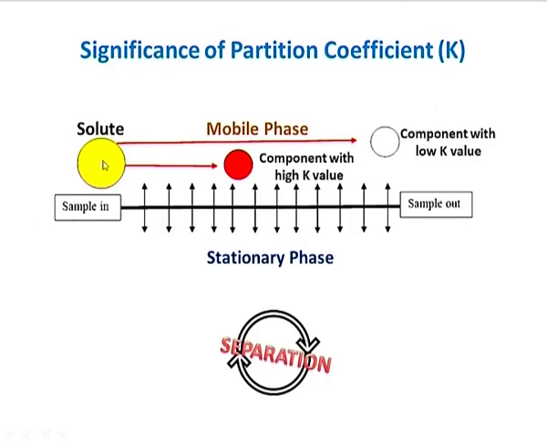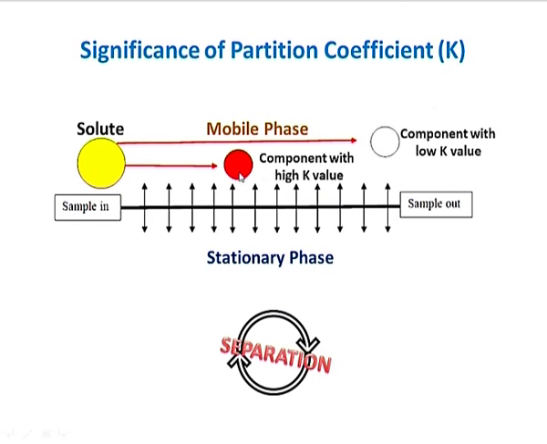The significance I talked about in the last slide, let us look at it from another perspective here. It is this yellow solute which contains, let us say, two components. One is this red component and another is this white component, and you load it in a column, and a mobile phase will start to carry it forward. Now, at every step these arrows represent plates. Every theoretical plate will interact with this red particle and this white particle.